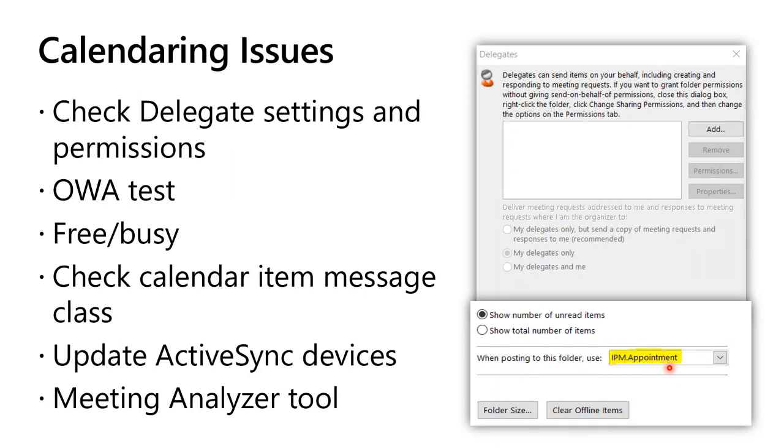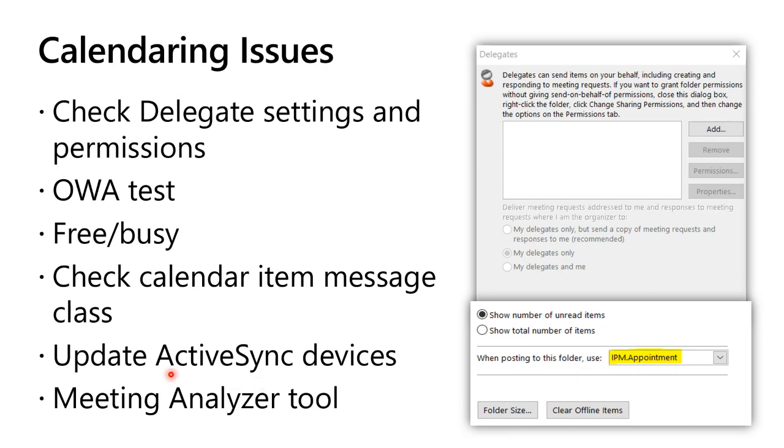One way to determine the currently configured default message class of the folder is by right clicking on the calendar folder in the Outlook folder view, and then selecting Properties. Check the value of "When posting to this folder" under the General tab, and you can check the message class value here, as shown, IPM.Appointment.